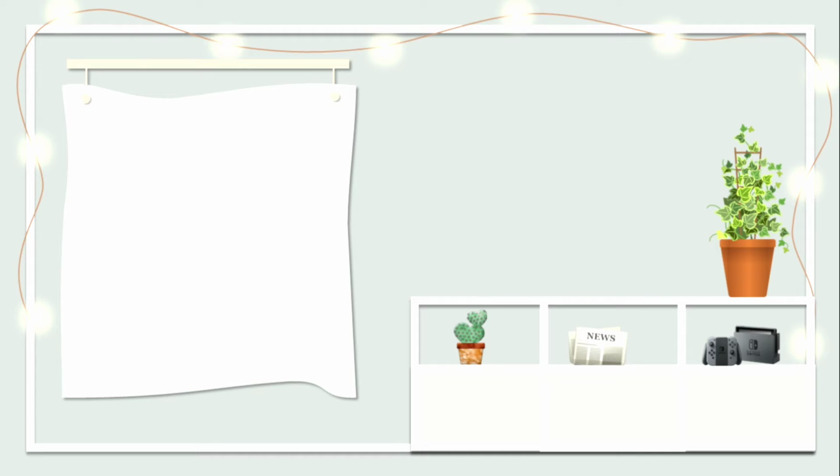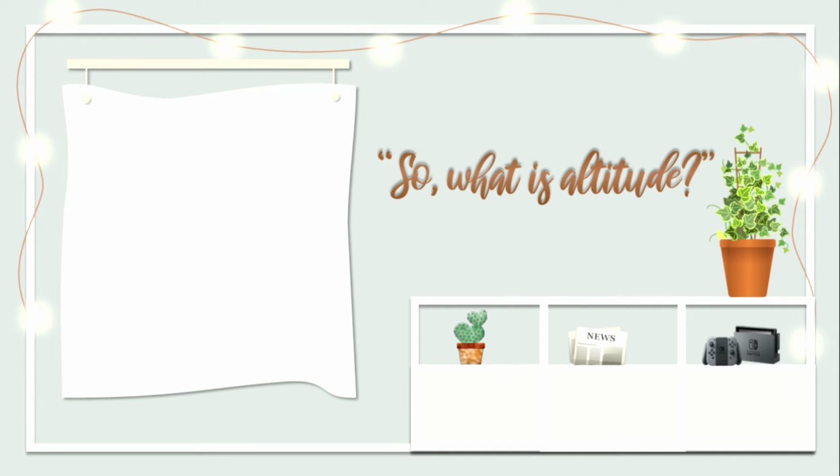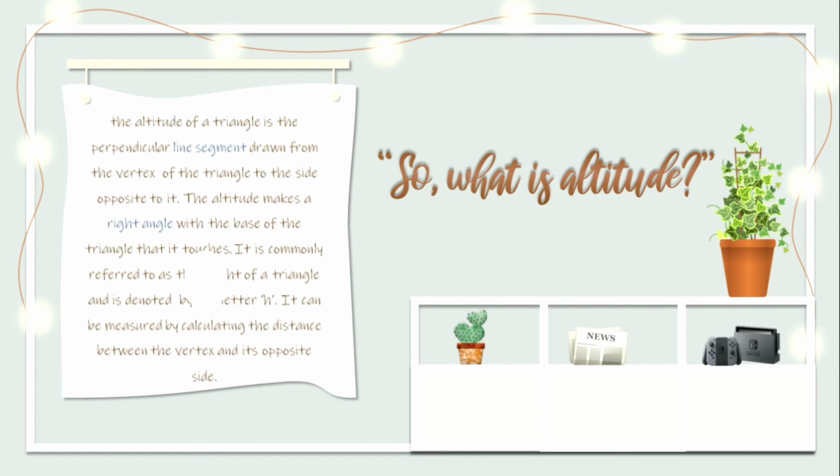So, what is altitude? The altitude of a triangle is the perpendicular line segment drawn from the vertex of the triangle to the side opposite to it. The altitude makes a right angle with the base of the triangle that it touches.